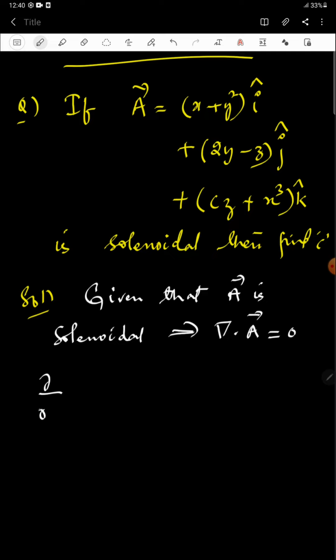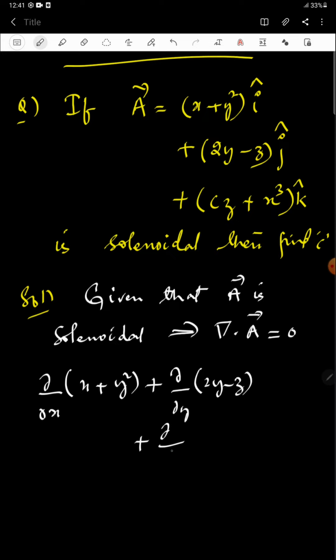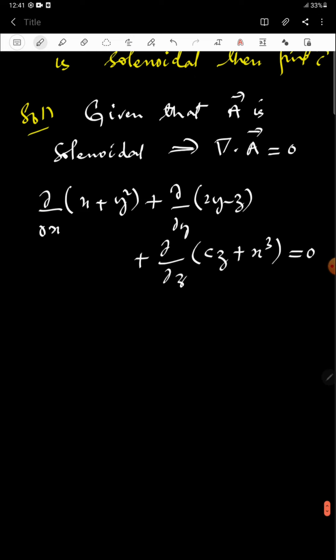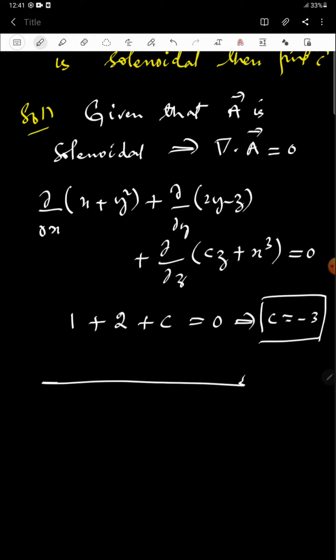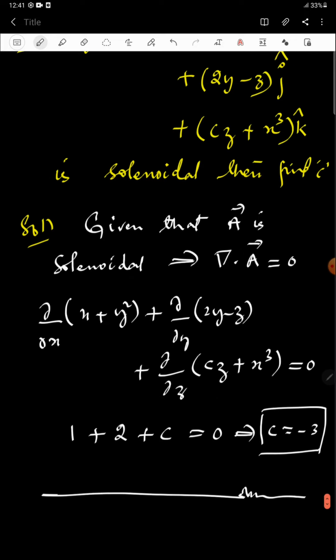That is ∂/∂x of (x plus y square), ∂/∂y of (2y minus z), plus ∂/∂z of the k coefficient, that is cz plus x cube, and that must be equal to 0. Now the derivative of the first term with respect to x is 1 and it is 2 here, plus c, that's equal to 0, which implies c is equal to minus 3. So the c value is minus 3 when the vector a is solenoidal. I hope you have understood.